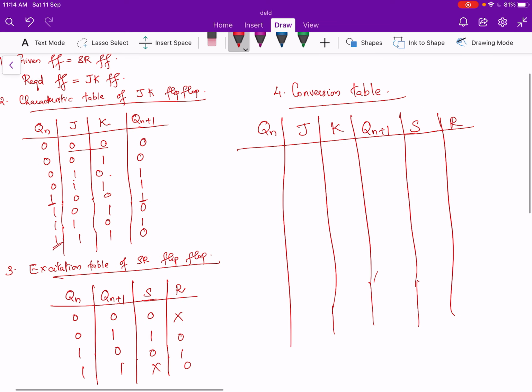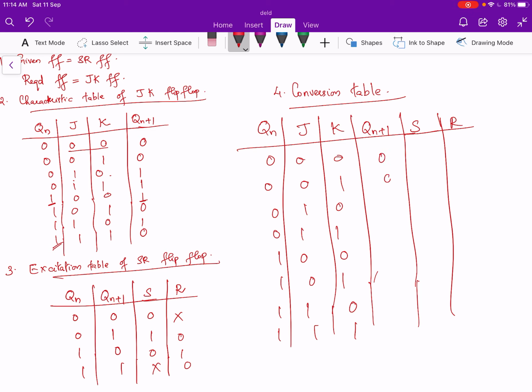Now we can write 0, 0, 0. Correspondingly, Qn plus 1 is 0, 0, 1, 1, 1, 0, 1, 0.